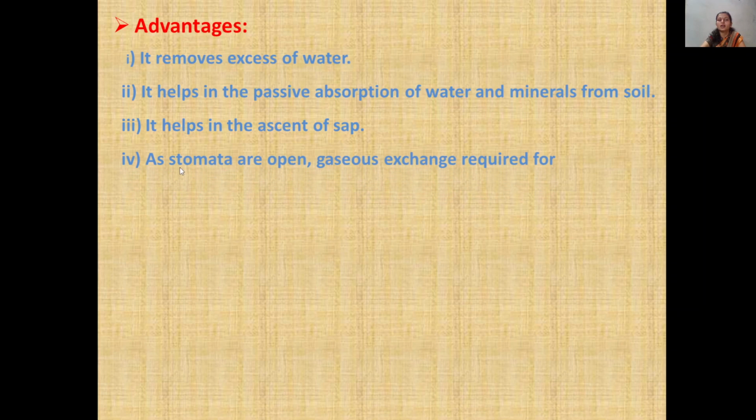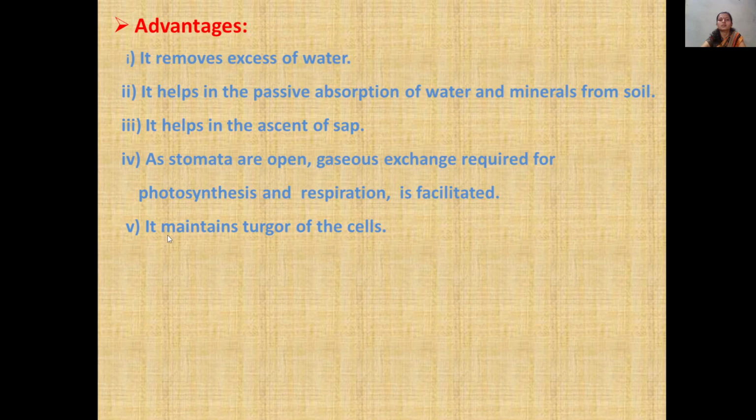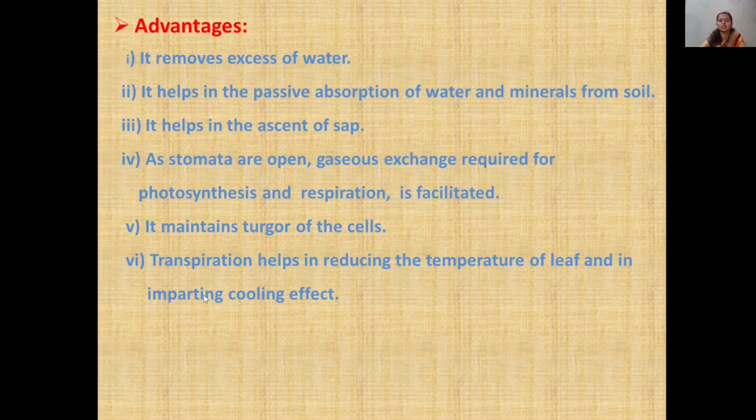Next, as the stomata are open, gaseous exchange required for photosynthesis and respiration is facilitated. Next, it maintains turgor of the cells. Next, transpiration helps in reducing the temperature of the leaf and imparting a cooling effect.